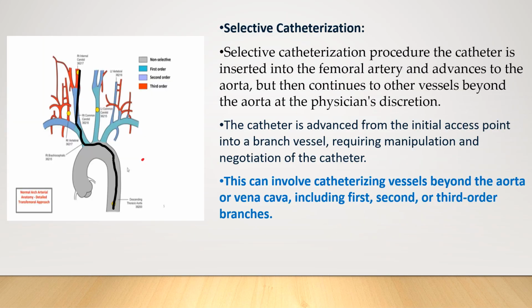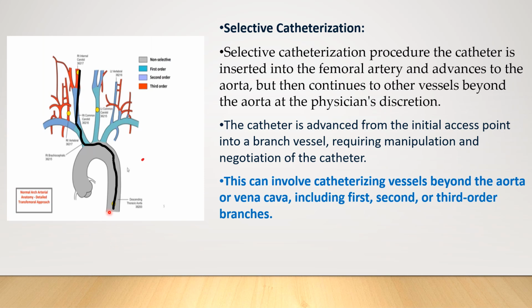Now the next is a selective catheterization. In selective catheterization procedure, the catheter is inserted into the femoral artery and advances to the aorta. But then it continues to the other vessel beyond the aorta at the physician's discretion. The catheter is advanced from the initial access point into the branch vessel, requiring a manipulation and negotiation of the catheter. This can involve catheterization of vessels beyond the aorta or vena cava, including first, second, and third order branch.